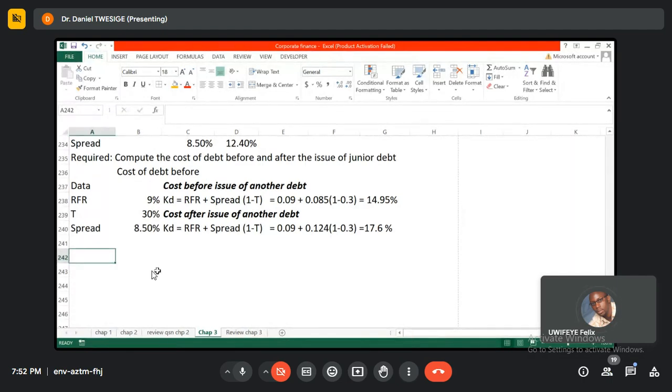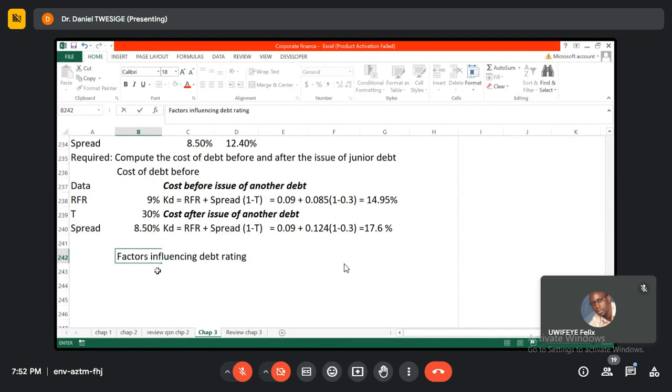So which factors influence debt rating? Number one is what we have already talked about: probability of default.